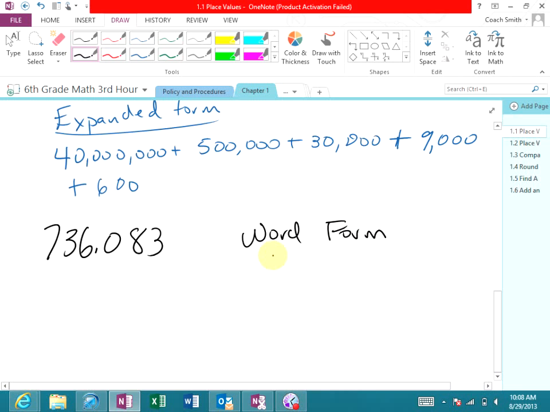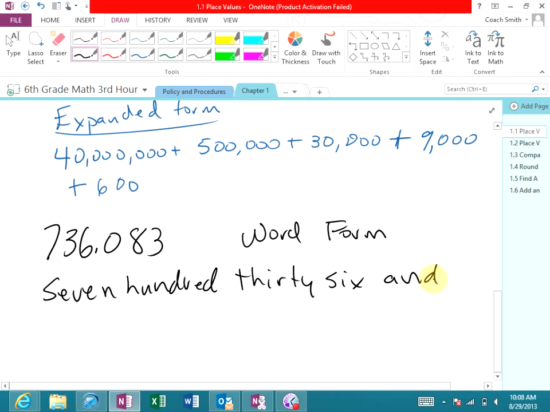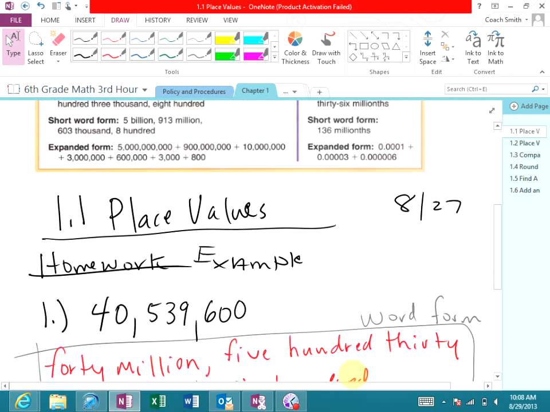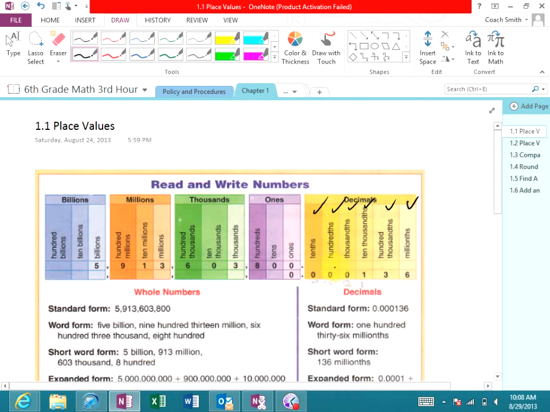Well, word form is this. 736. The decimal means "and," 83, and I have to identify this place value right there. If I go back up here to our bracket, I have 083, so it falls in the thousandths place value.